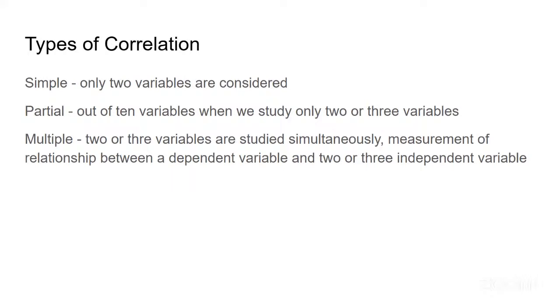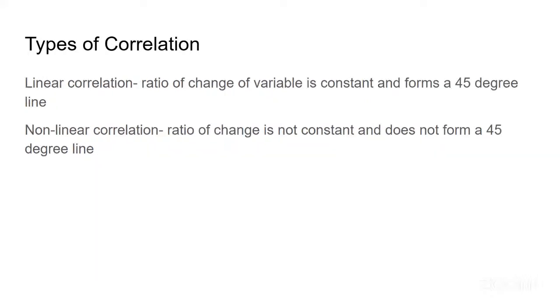Then we move on to the multiple correlation, when there are two or three variables and we study them simultaneously. Then we have linear and non-linear correlation. When there is a constant ratio, like a 45-degree line forming between the x and y axis, the change, like the alpha parameter or the beta, is constant.